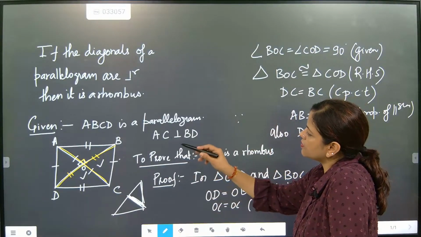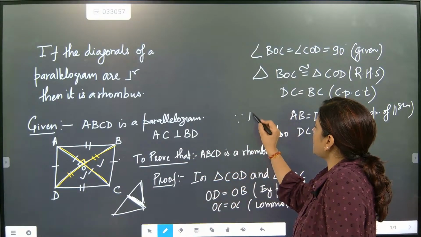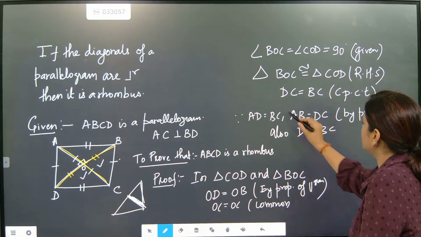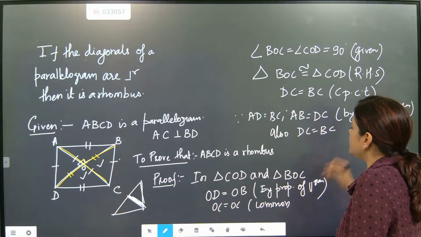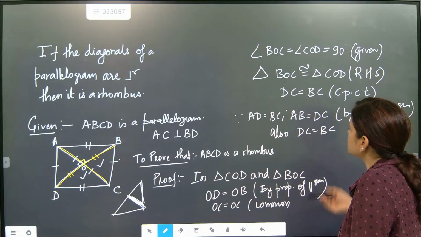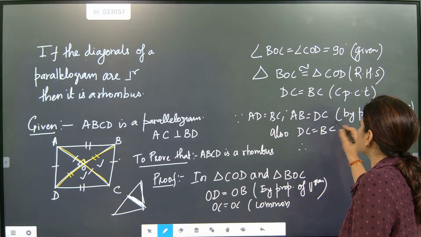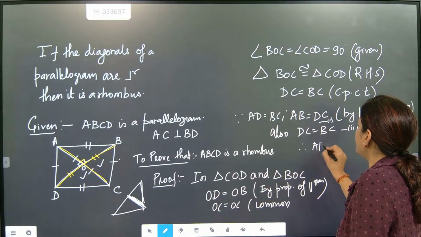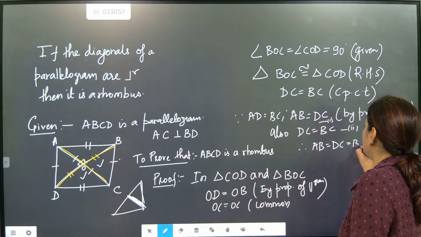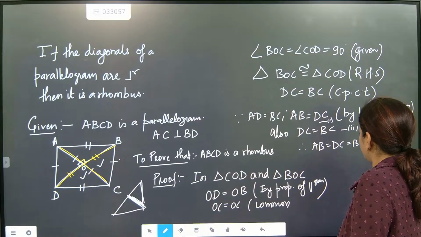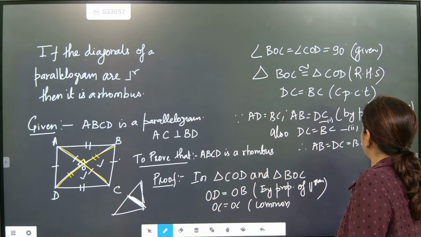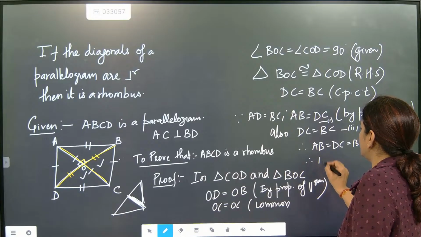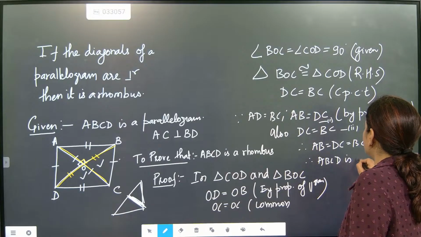Since AB is equal to DC and AD is equal to BC by property of parallelogram, and DC is equal to BC as just proved, therefore we can conclude with equation 1 and equation 2 that AB is equal to DC is equal to BC is equal to AD. Understood? Hence, ABCD is a rhombus.